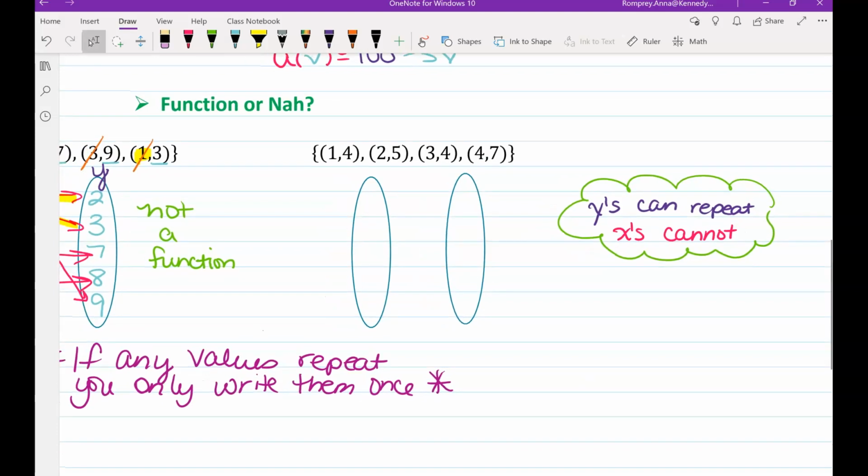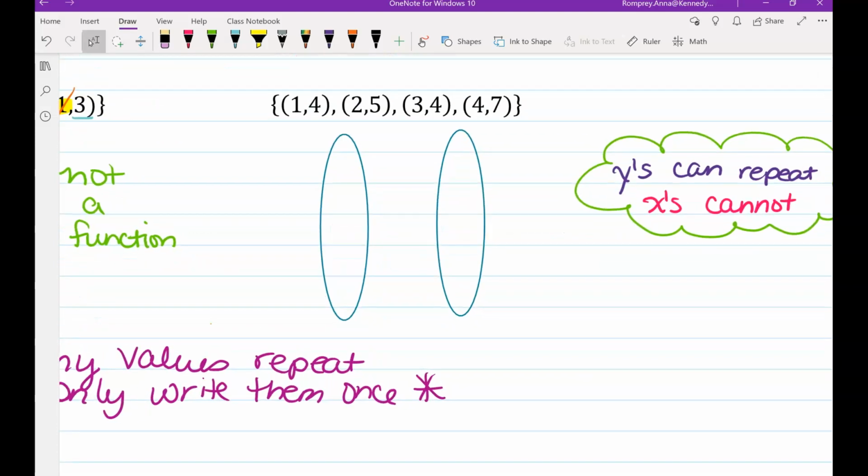All right, go ahead and pause the video and set up this next mapping diagram. Try it yourself. All right, so I have my x's on the left, y's on the right. Fill in all my inputs: 1, 2, 3, 4. Well, that was nice, that went in order.